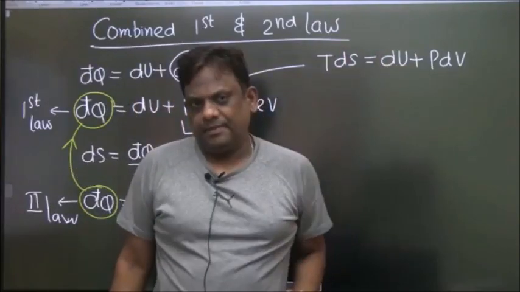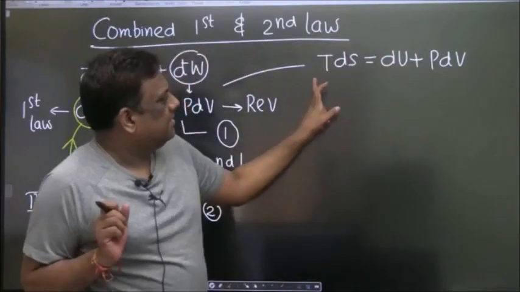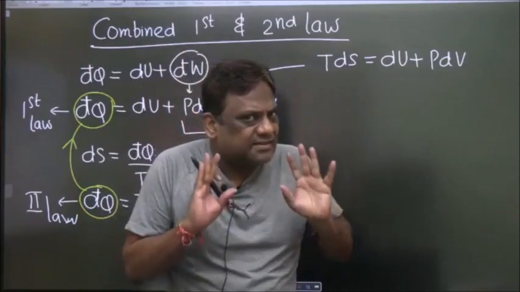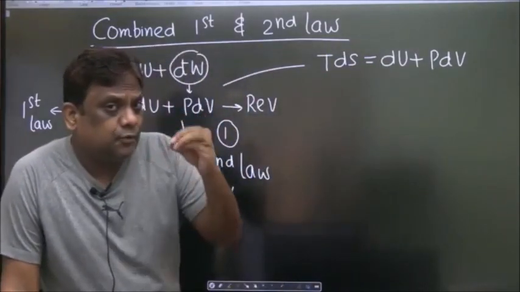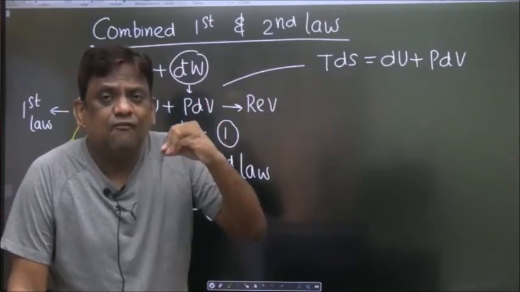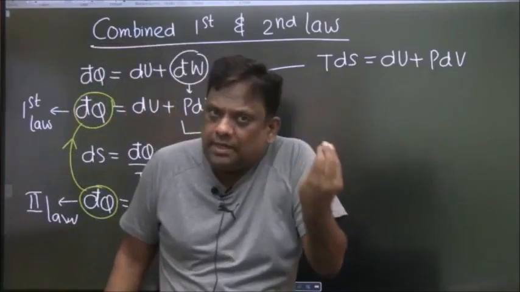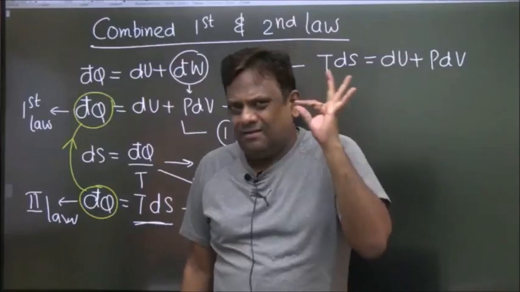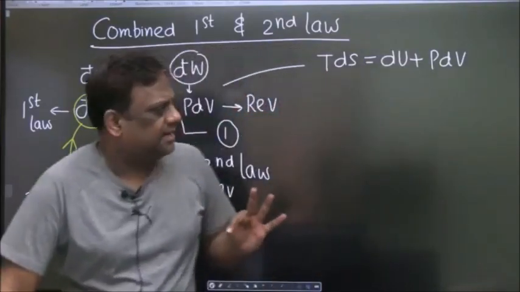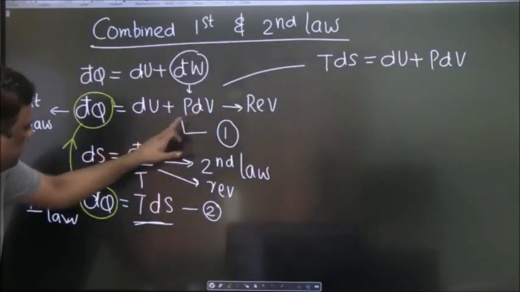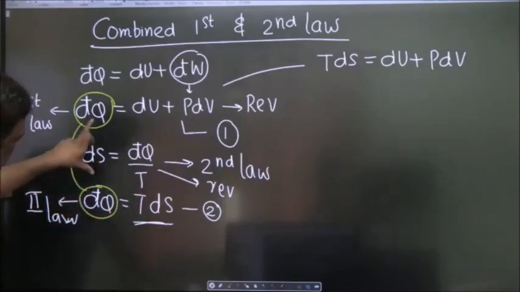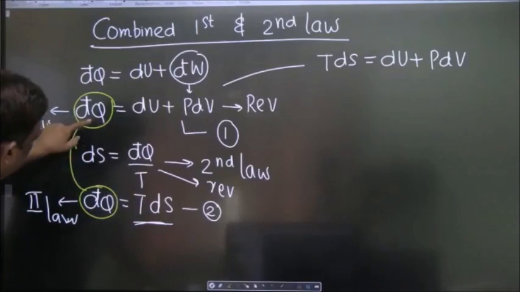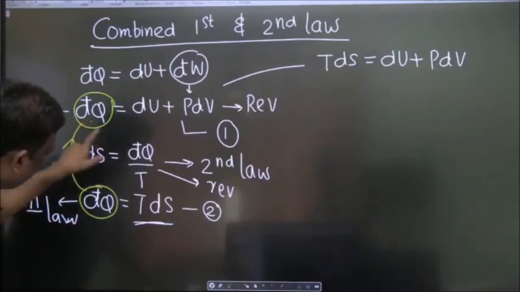Now stop. This is the combined first and second law of thermodynamics equation. Now we have to see this equation very minutely. We have already started using this equation, and these two equations we have used. But these two are strictly valid for reversible processes.